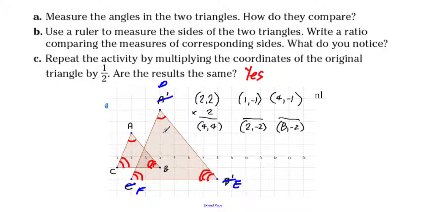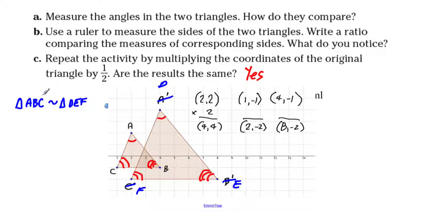So if you look at that one, triangle ABC is similar to triangle DEF, and this is the symbol for similar to.